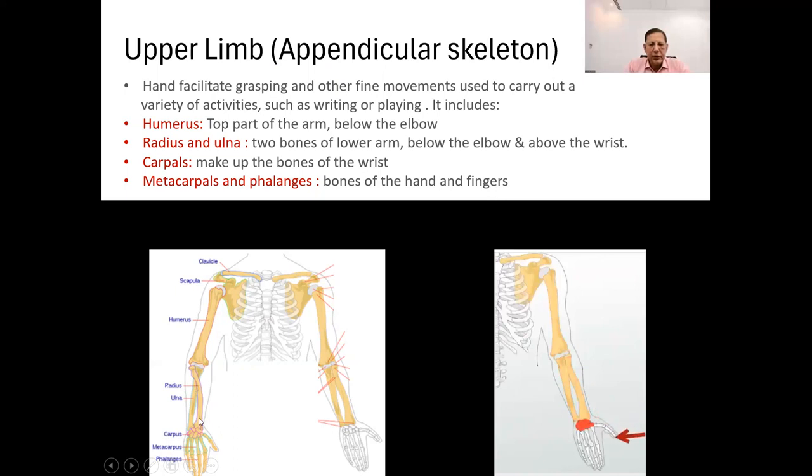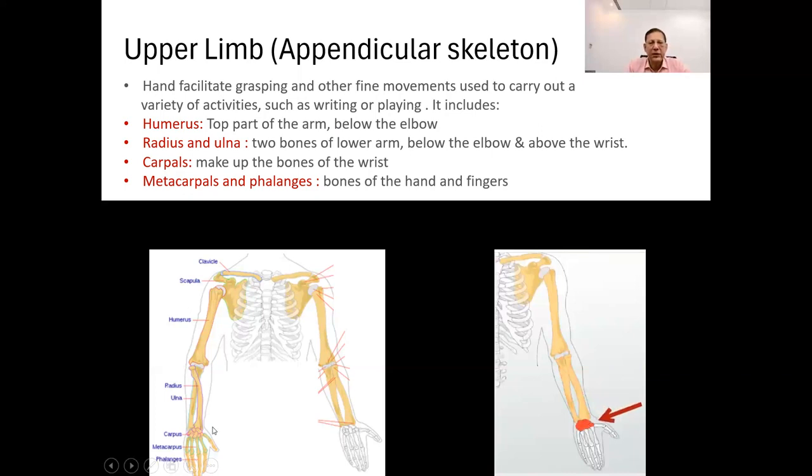Radius and ulna, these are the two long bones of the forearm, forming the skeletal framework between the elbow and the wrist. These bones run parallel to each other and play an essential role in supporting the forearm movements and facilitating the hand function. The carpal bones are 8 in number.